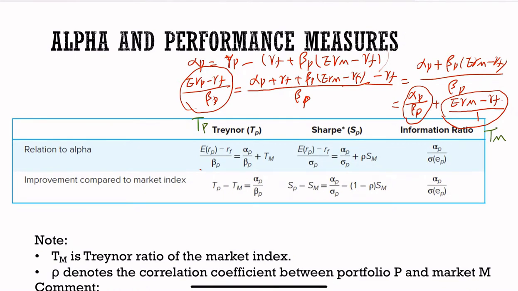So what you can see here is the trade-NOR ratio of portfolio P and the trade-NOR ratio of the market index. They're related.